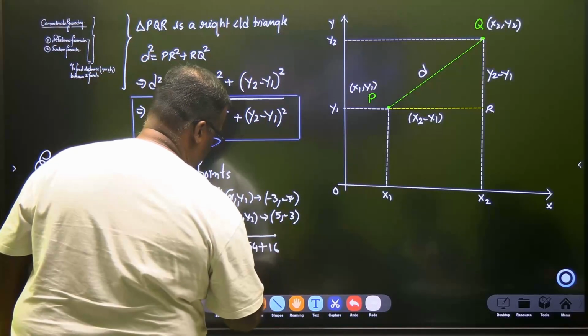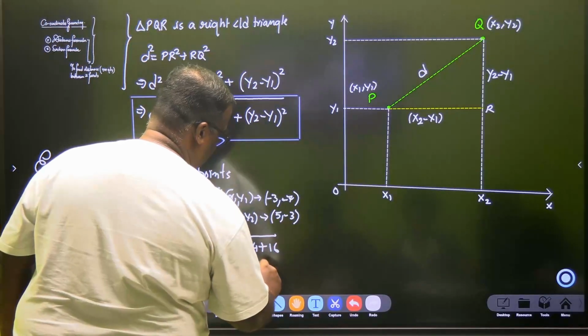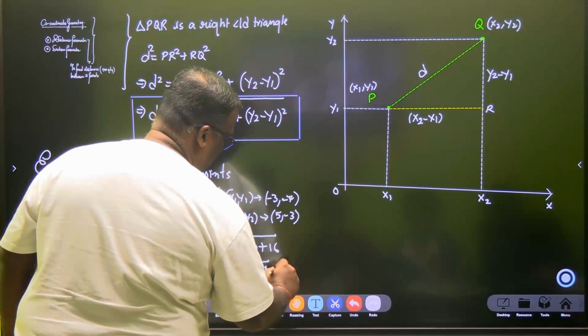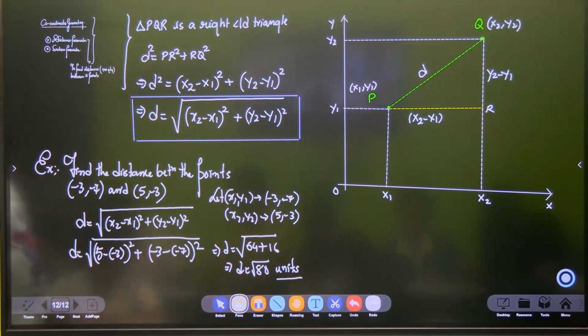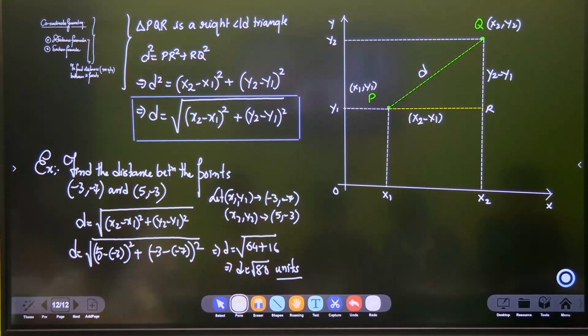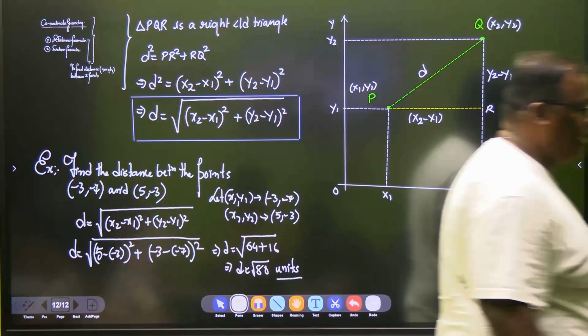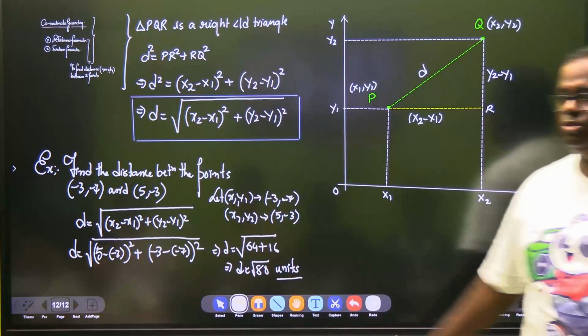So your answer D is equal to 64 plus 16, 80. Right? And you can write root 80 units. Don't forget to mention the word units. Root 80 units. Okay? And this will be helpful in many parts of physics in grade 11. Whenever in physics you have to calculate this way, the distance formula helps you a lot.